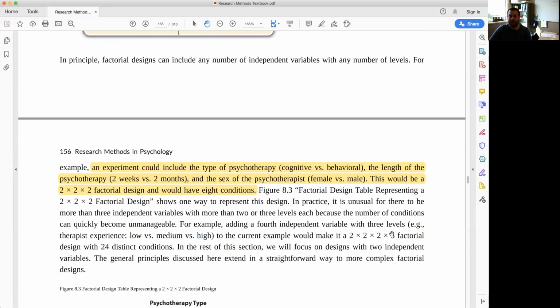We also have special things that we have to do when we get above 2 levels called post hoc analysis, and that is just kind of a nightmare to do if it's a 3 by 2 by 3 by 3. And there's so many conditions and so many moving parts in there that it is just painful. So we want to do our best to try to limit how many conditions in total we have.